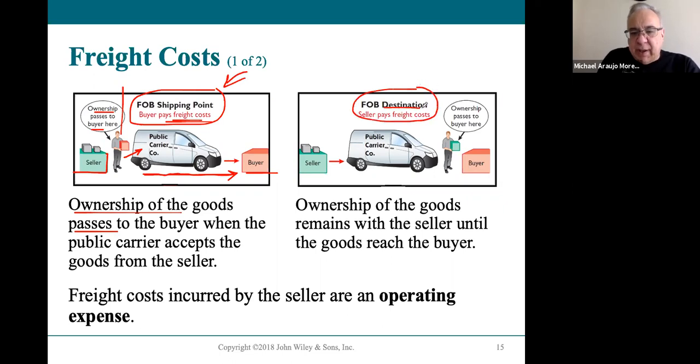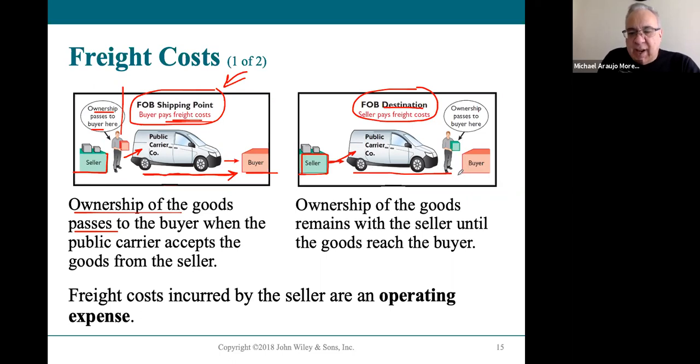And again, that's when the goods arrive at the destination, that's when the ownership transfers. So if we were to do an FOB destination, again, our seller is PW Audio. They would put it in a box. They would put it on a shipping company. That shipping company would go all the way from Michigan to Illinois.